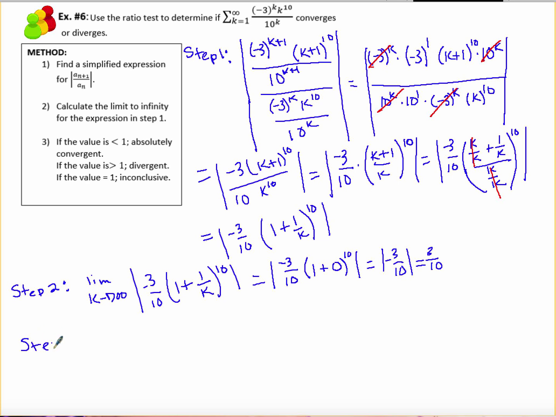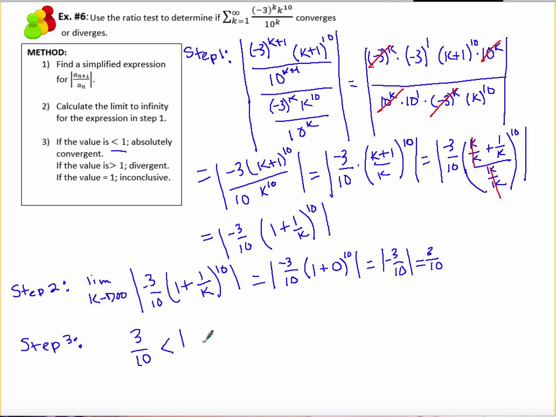Step 3 is the part where we get to compare it to 1. So let's take 3 tenths and compare it to 1. Well, 3 tenths is less than 1. And if we get a result that's less than 1, well, my goodness, we have just shown that it is absolutely convergent.